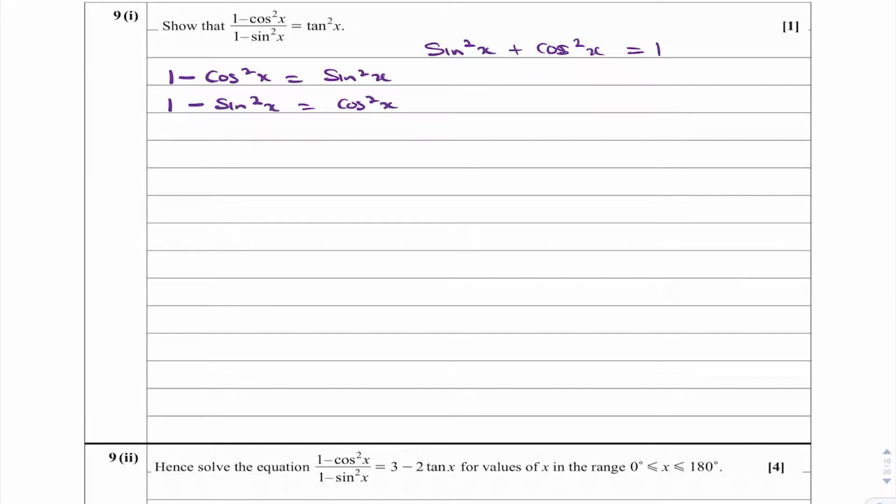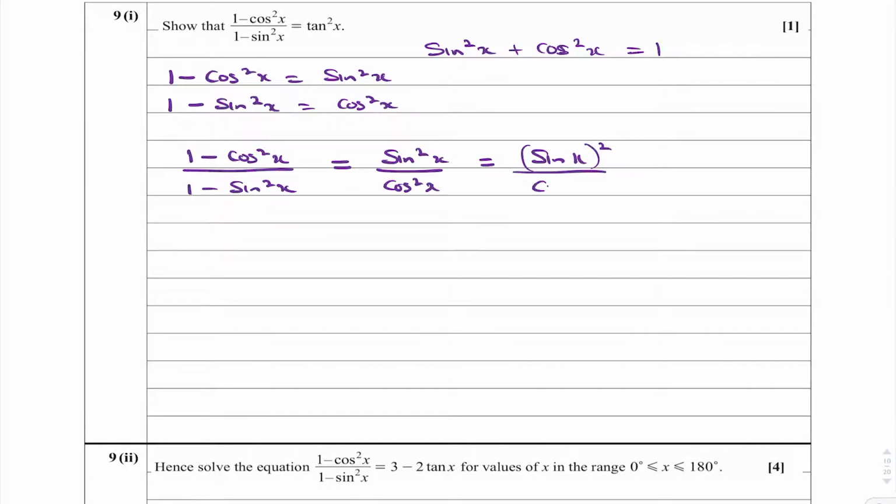Now, if I have 1 minus cos squared x over 1 minus sine squared x, that should be equal to sine squared x over cos squared x, which becomes sine x squared over cos x squared.